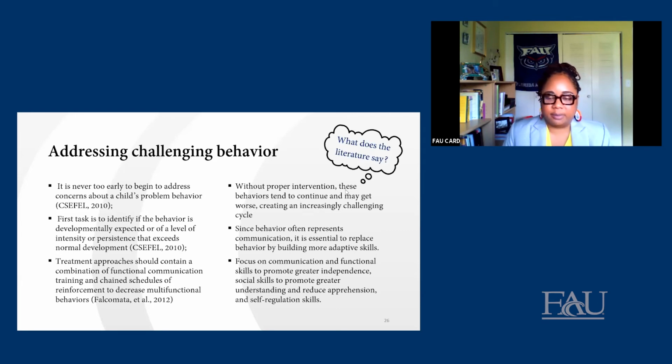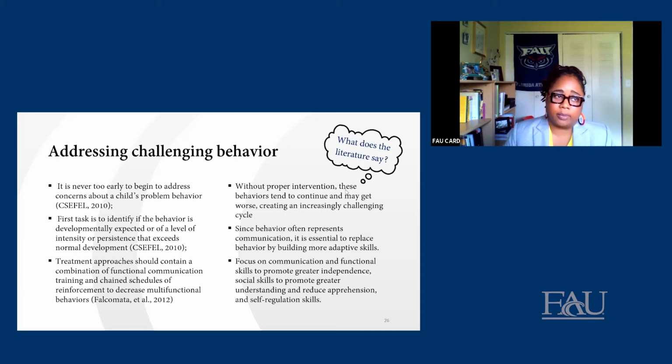It's essential to build replacement or adaptive skills. And then last, if you focus on communication and functional skills to promote greater independence, it's critical that we teach children behaviors that are not challenging, that allow them to access and exhibit social skills that promote greater understanding and reduce apprehension, or self-regulation skills.